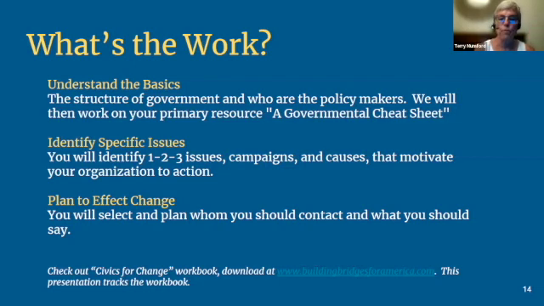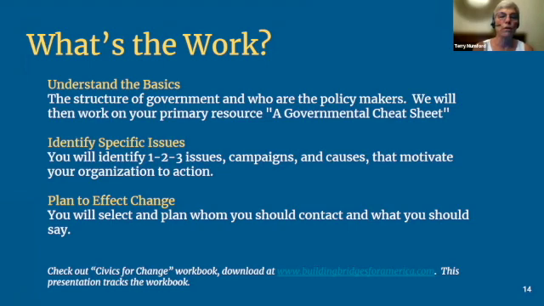I'm going to show you how to use those worksheets, but they're designed for you to work on them yourself or to share them with your Democrat club or whatever group that you're trying to help be more effective in reaching out.